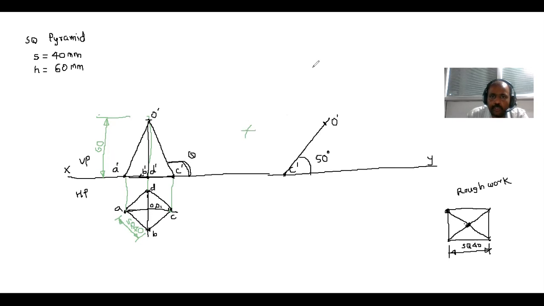So we get the next point, which is A dash. So now join A dash to C dash. And after that, once I got point A dash, I join A dash to O dash.